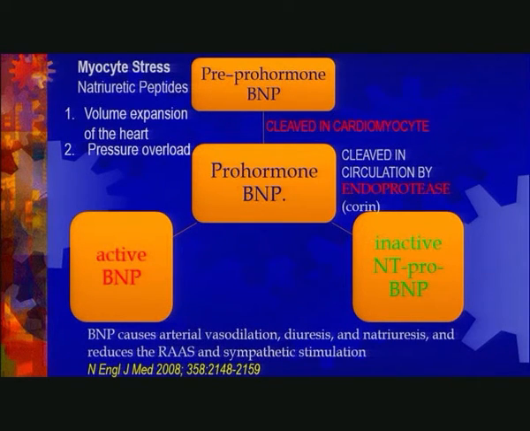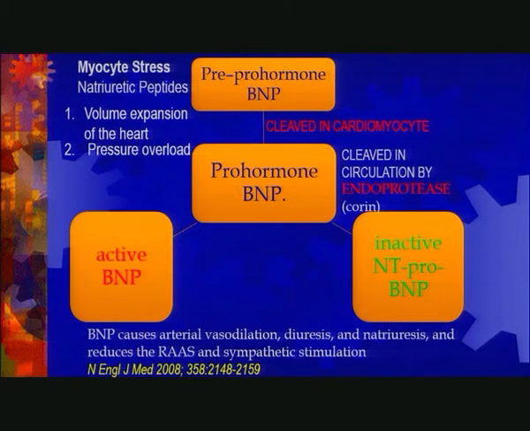Still, this pro-hormone BNP is not active. It needs to be activated in the circulation by another cleavage by an endoprotease, corin, which will cleave it into two peptides: the active BNP, which we all use to detect and diagnose heart failure, and an inactive peptide, the N-terminal pro-hormone BNP.